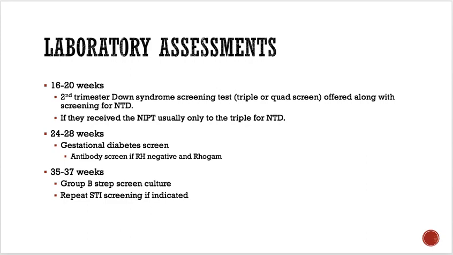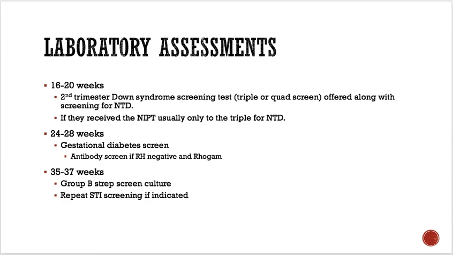Then between 24 and 28 weeks, we'll screen for gestational diabetes and also do another CBC, usually for hemoglobin and hematocrit. And then, which I don't have listed here, we also do an antibody screen if they're Rh negative and give them their RhoGAM shot. And then at 35 to 37 weeks, we do a Group B strep screen culture and repeat any STI screening if indicated.